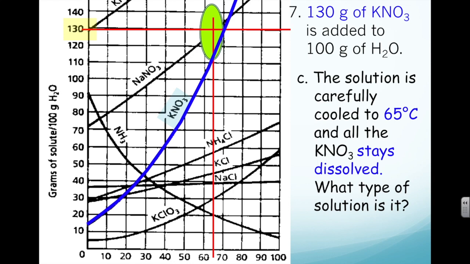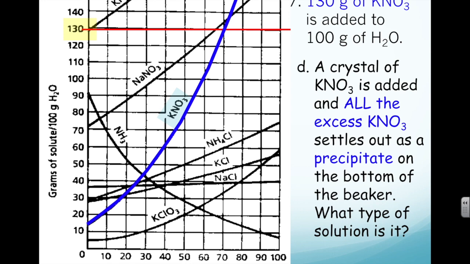So now it's here, it's actually above the line. So it's going to be supersaturated. Now, word of note, supersaturated solutions don't last too long because any kind of disturbance, if you shake it too much, if you add any kind of impurity to it, all that stuff falls out and it falls back down from here to here.